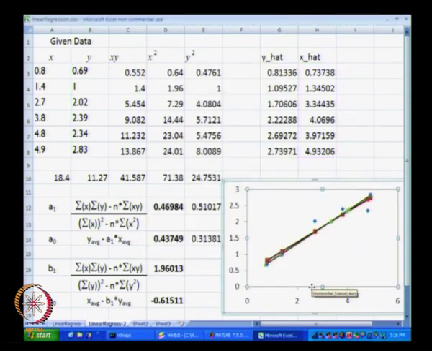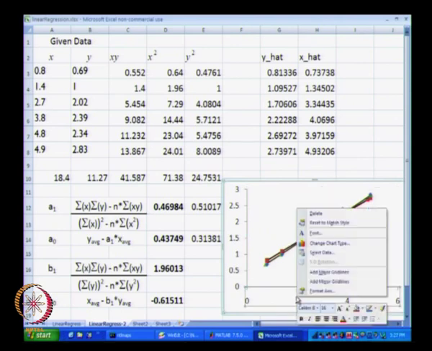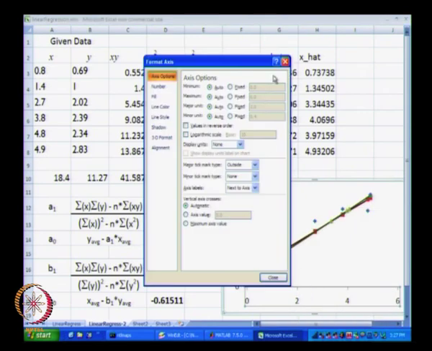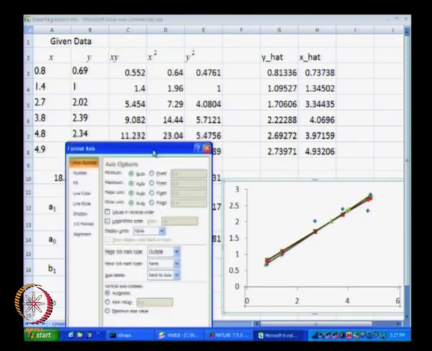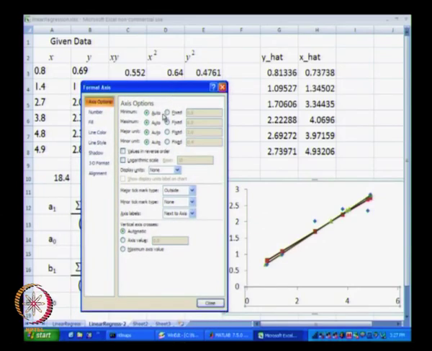Okay, and I will just zoom in, format axis, and zoom into that particular axis by taking values of x going from 0.7 to 5.